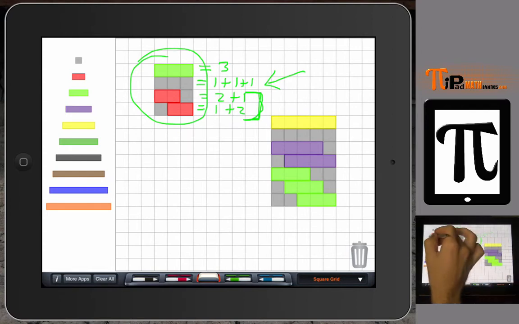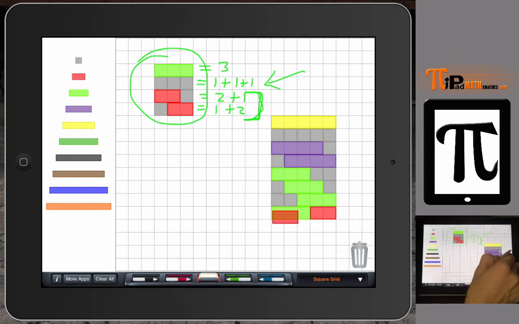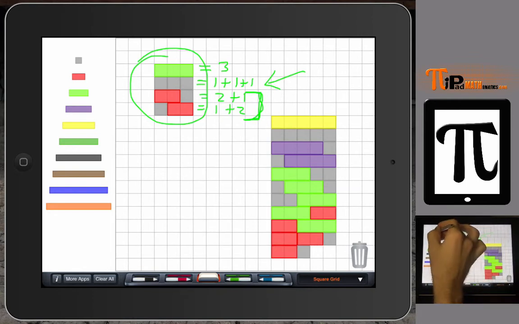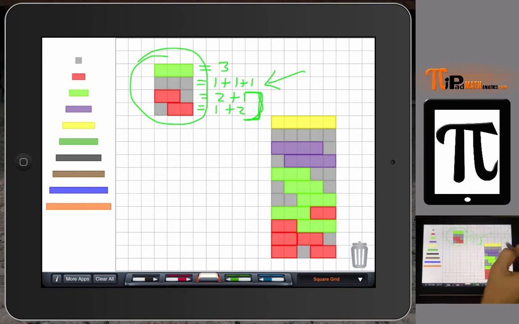Or of course we can do the light green rod and the red rod, or the red rod and the light green rod. We can also do the red, white, and red, or the last one, the white, red, red. So these are all the different rod trains that you can make for the yellow.